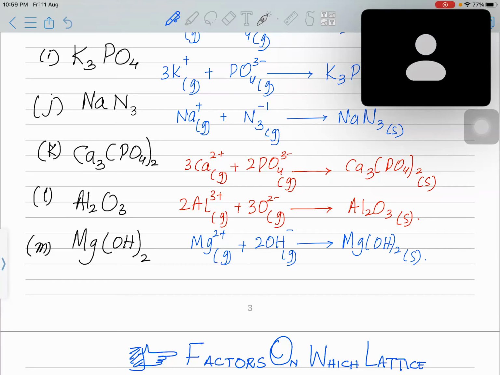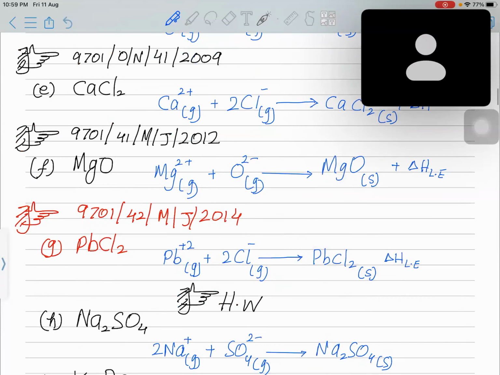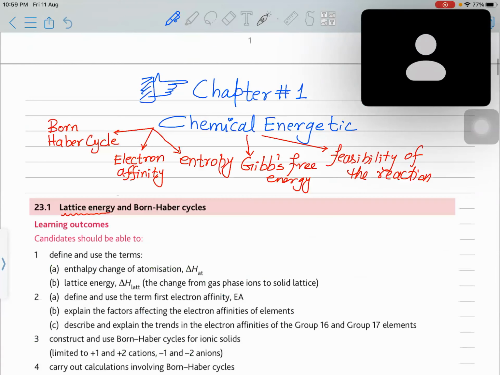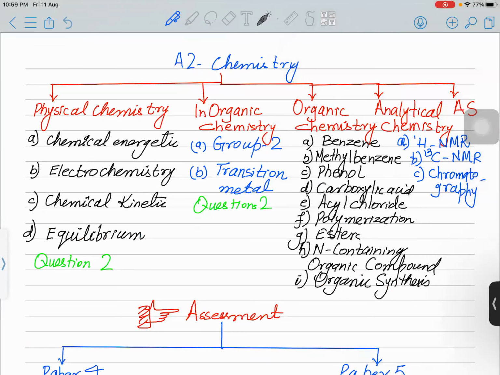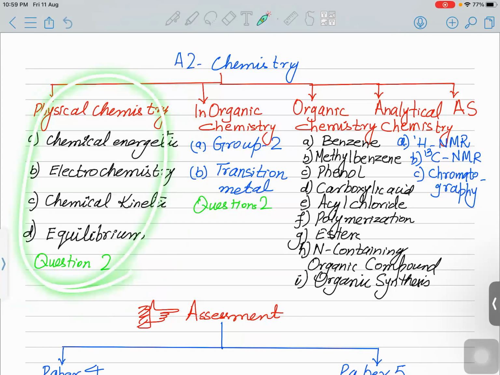So I think these questions are enough to write the lattice energy, right? Fine, this is our syllabus. We have physical chemistry, with 4 chapters: chemical energetics, electrochemistry, chemical kinetics, and equilibrium. The examiner mostly gives 2 questions from physical chemistry. Second is inorganic chemistry.